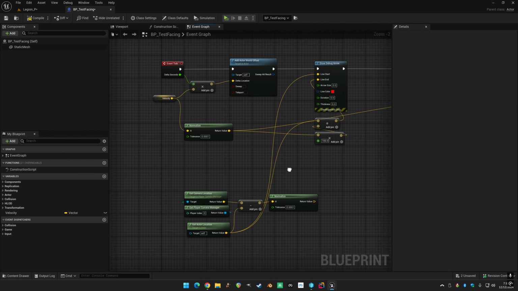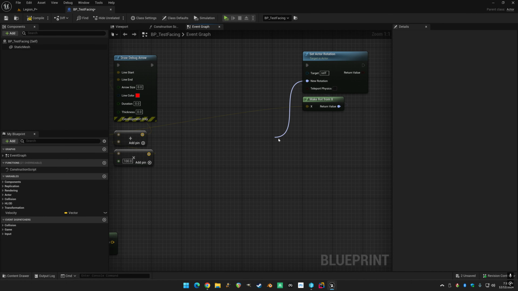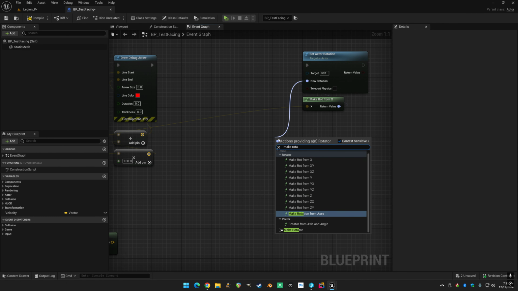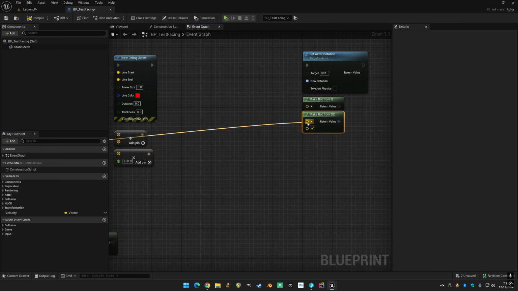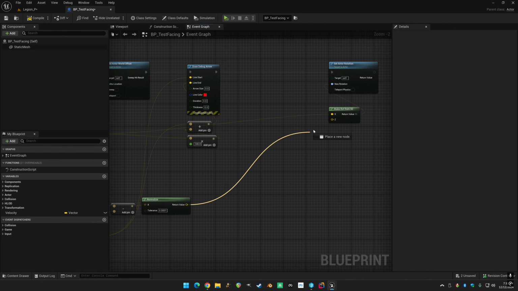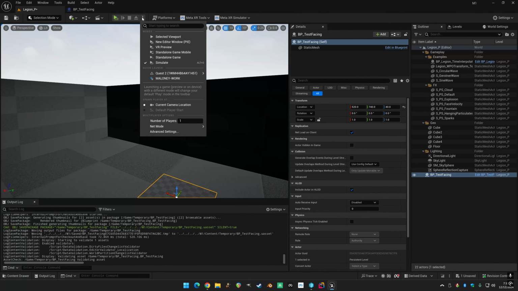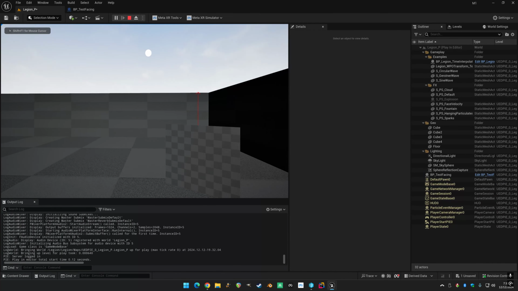And if we think, well, we can go ahead and make that the z-axis. Let's make a rotation from xz, right? Why not? So we can use our x. This can be our new z. What happens if we do this? I think we have to actually play in the viewport for the camera to exist instead of simulate.